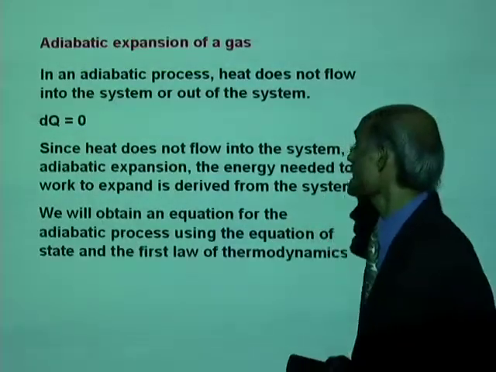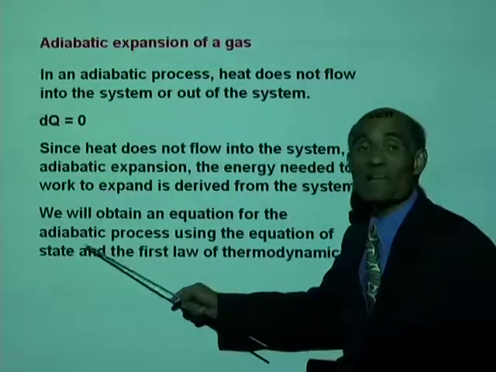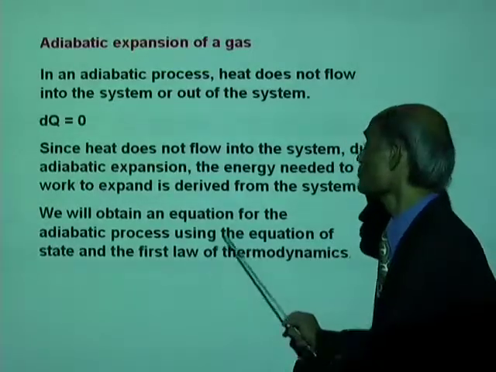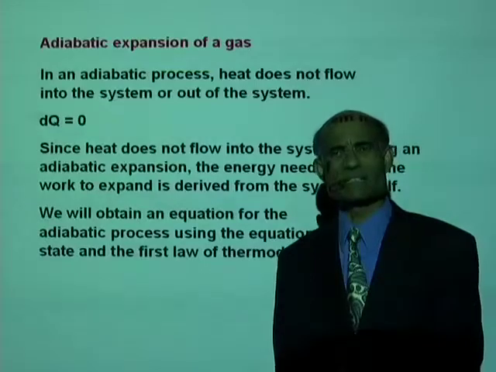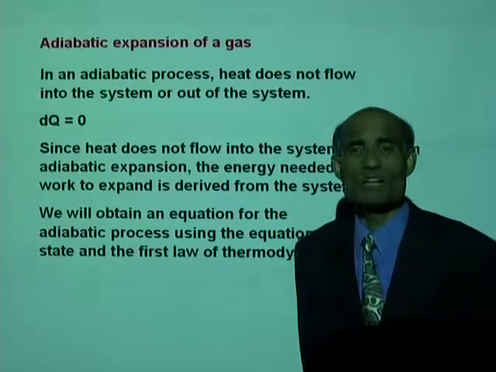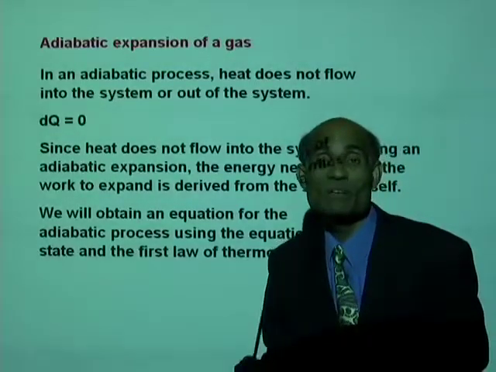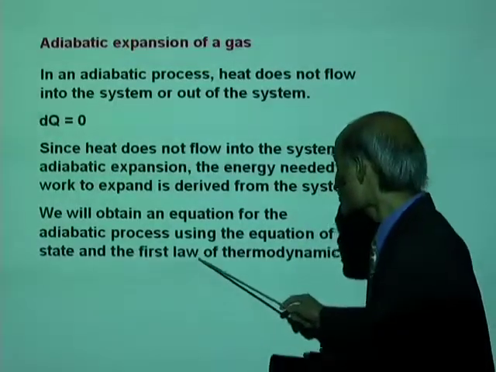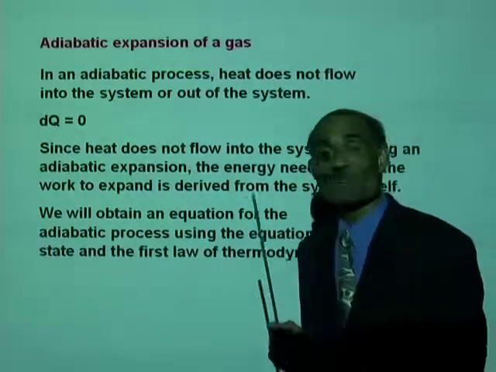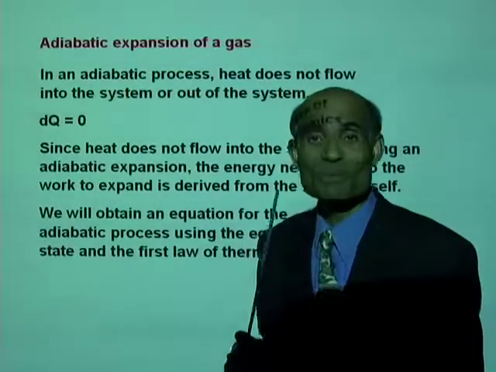We will obtain an equation for the adiabatic process using the equation of state. What is the equation of state? Well, of course, the equation of state is PV equal to nRT. And the first law of thermodynamics. What is the first law of thermodynamics?